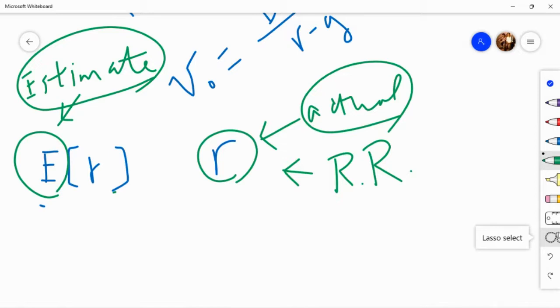Because if it is past 5-year annual returns, first of all, you have only 5 data points. What kind of reliable forecast can be generated from that?